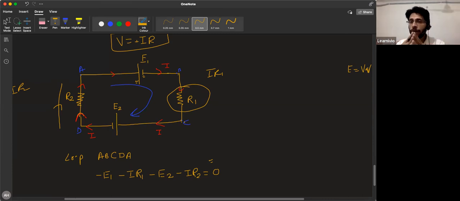And then you have some elements which are consuming that energy. Those elements are resistors, bulbs, and cells which are charging. The cell which is discharging is the element which is providing the energy. So when you say that the algebraic sum of all voltages is 0, you say that the energy provided by a cell is equal to the energy consumed by other elements.